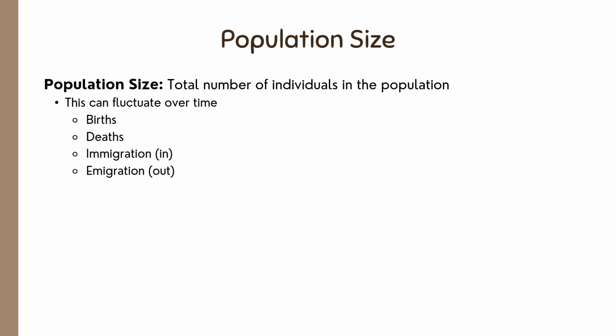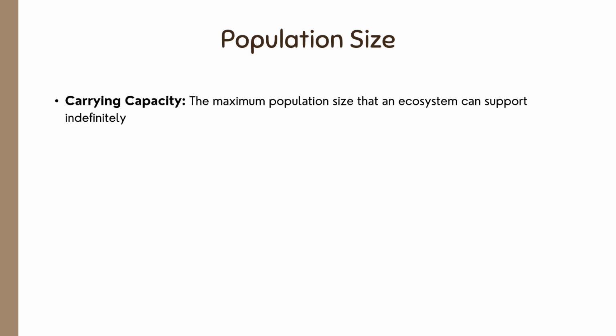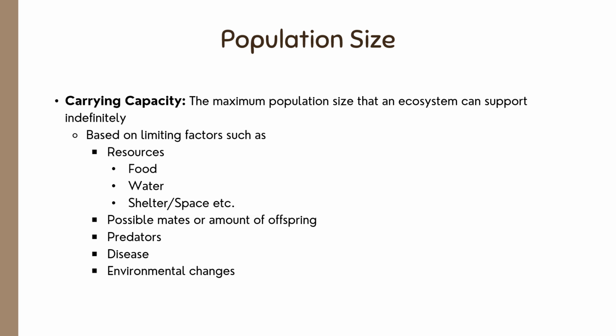This, of course, can be affected by births, deaths, immigration, so organisms moving into the population, or emigration, organisms moving out. Carrying capacity then refers to the maximum population size that an ecosystem can support indefinitely. So this is based on limiting factors such as resources like food, water, shelter, possible mates or amount of offspring, predators, disease, environmental changes.